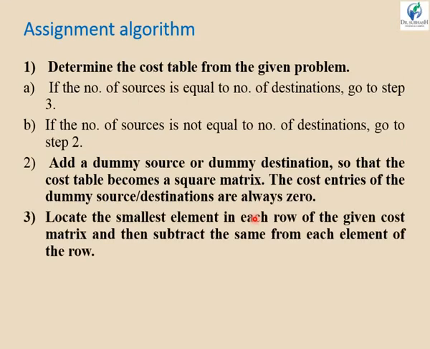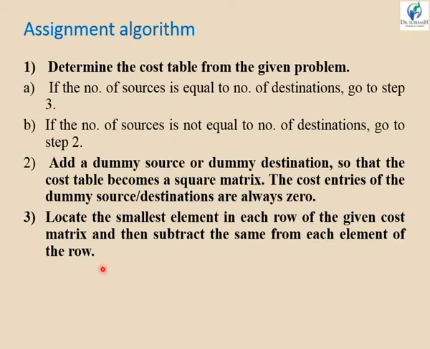Now moving to the third step. Locate the smallest element in each row of the given cost matrix and subtract the same from each element of the row. For example, there are 3 rows in the given problem. Then identify the smallest element in each row and subtract the same from each element of the row.